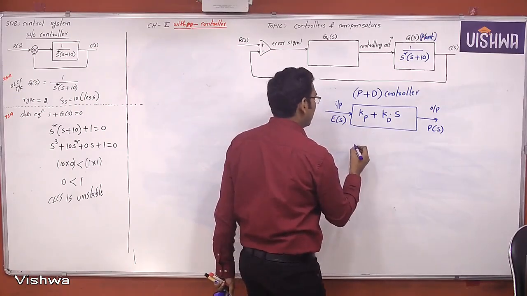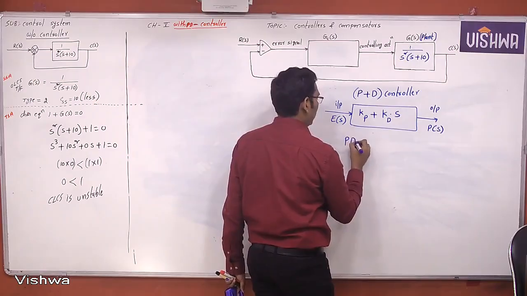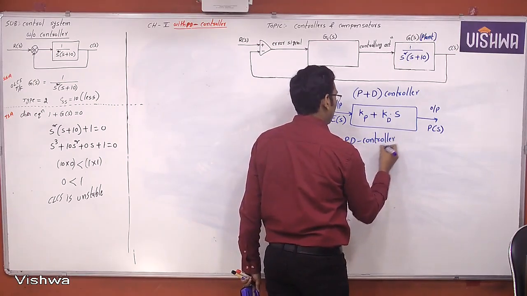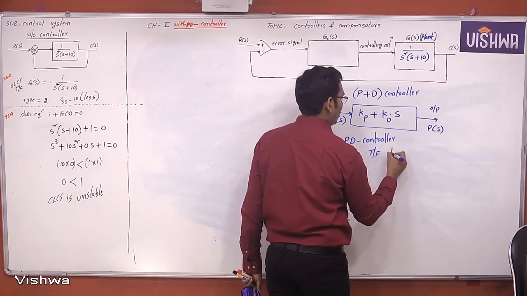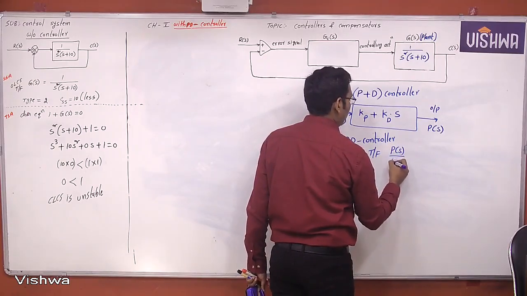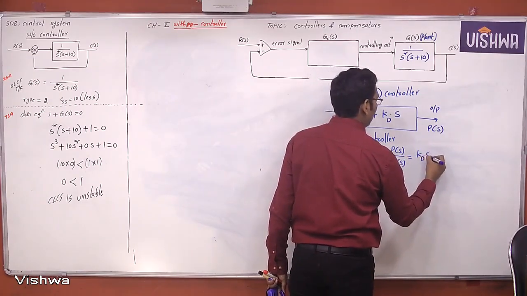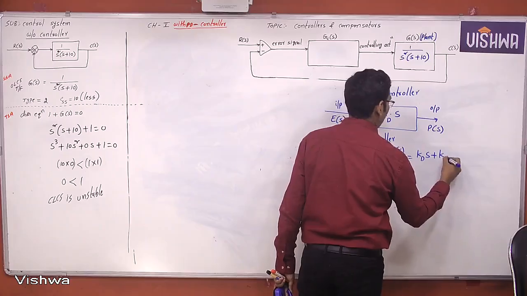Now what is the PD controller transfer function? The PD controller transfer function is P of S by E of S, which is equal to Kd into S plus Kp.